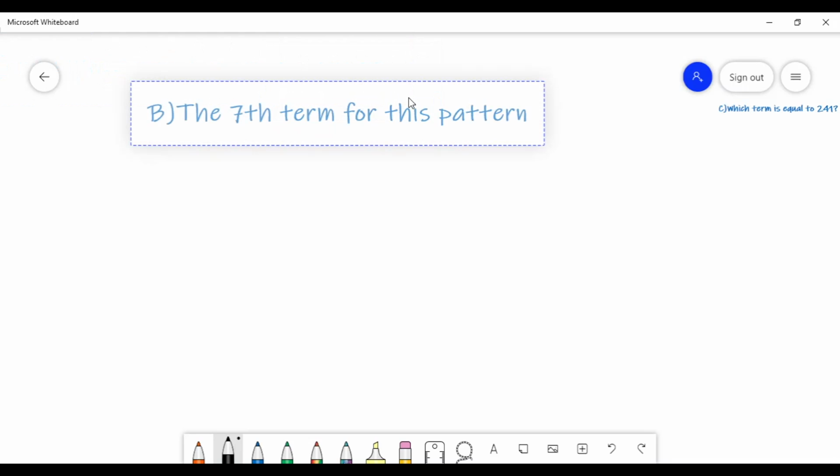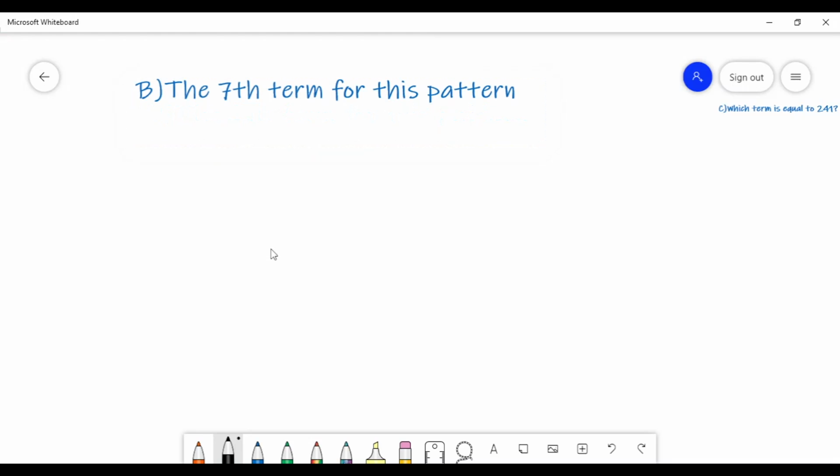The seventh term for the pattern, we already know that the general term for this sequence is Tn, which is equal to 4n squared minus 2n plus 1. And we're trying to calculate the seventh term, so we're trying to find the value of the term that is in its seventh position.